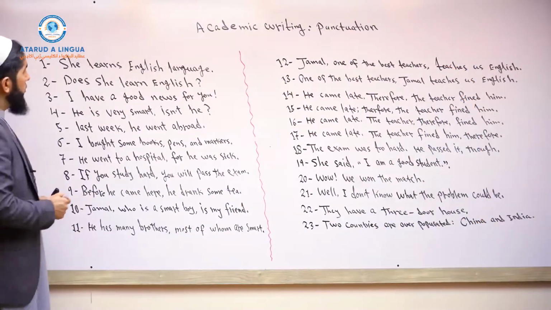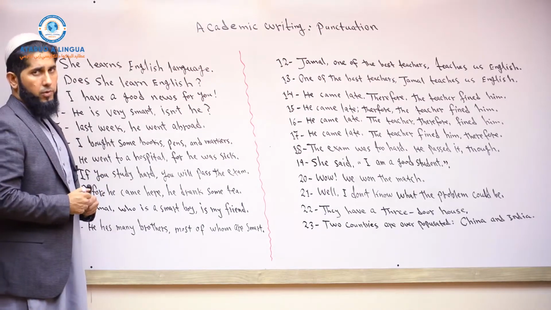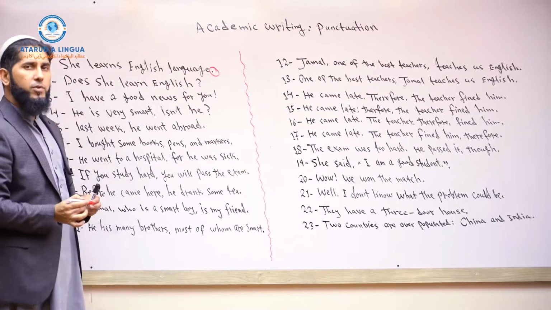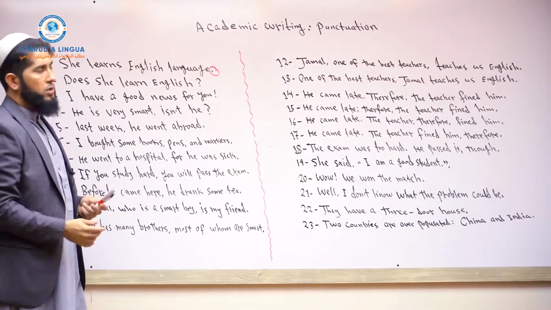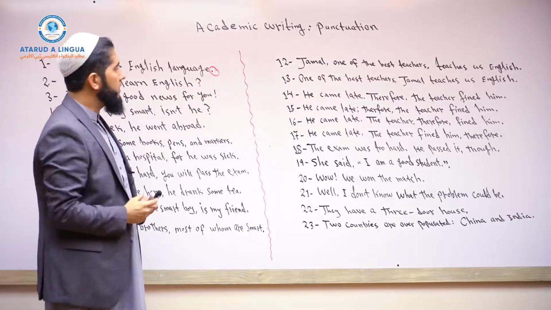So let's begin with the name of Allah subhanahu wa ta'ala, who is very kind and merciful. Let's begin. So the first sentence says, she learns English language. And at the end of this sentence, we have a period or dot or full stop. There are different terms. You can call it a period, a dot, or full stop.